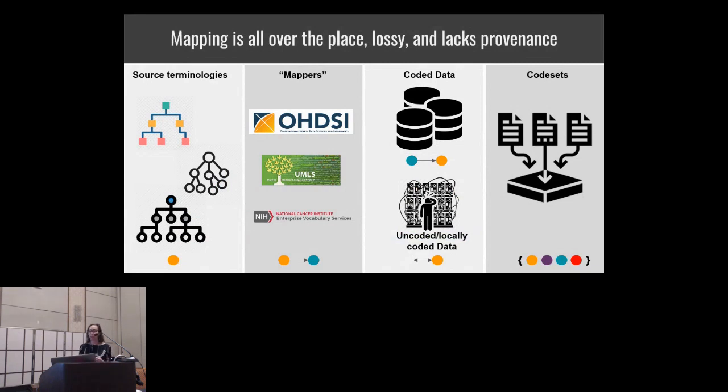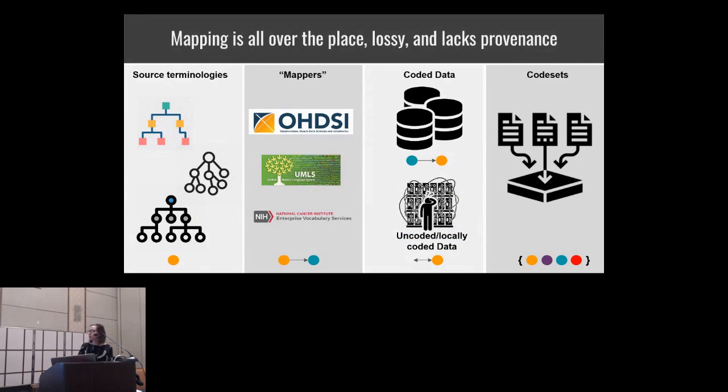Then we have organizations like Odyssey, the UMLS, or the NCIT itself, which I call mappers, which basically are large collections of mappings that say, oh, I've got this SNOMED code, this ICD code, this NCIT code, and they're all mapped together. But again, they're collections of mappings, and they perform these mapping functions, but we don't necessarily know what the relationships are between those terms.